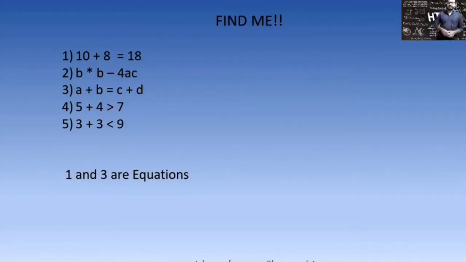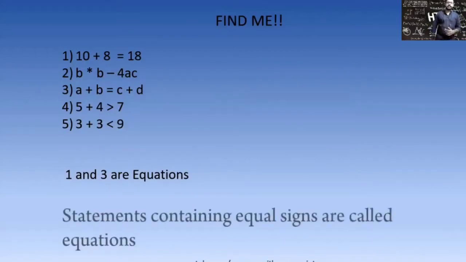I will give a definition. Statements containing equal signs are called equations. Again, I will say, statements containing equal signs are called equations. A simple definition, but let me remind you, it's an important one.